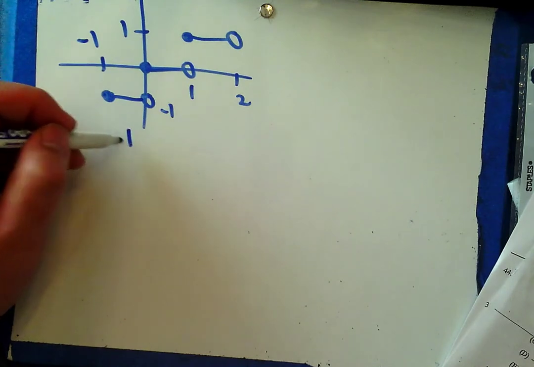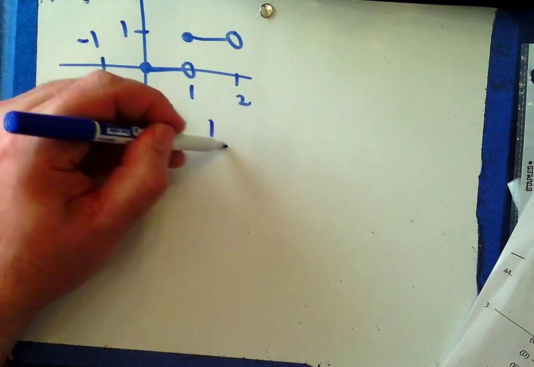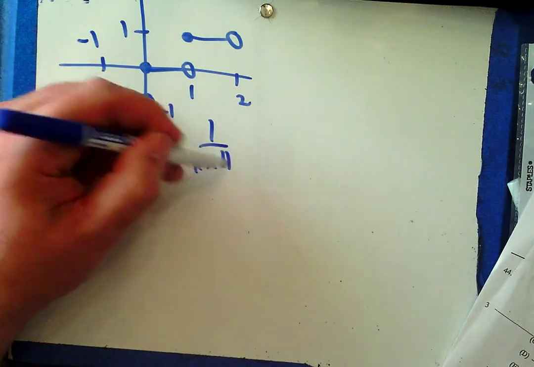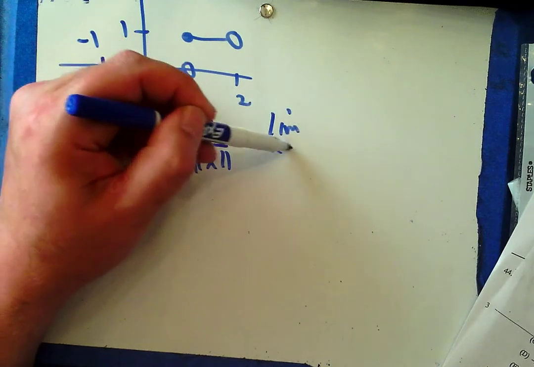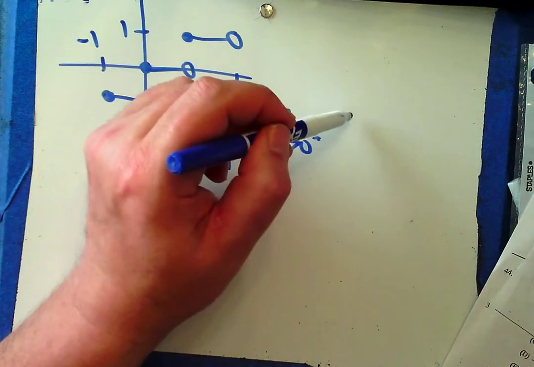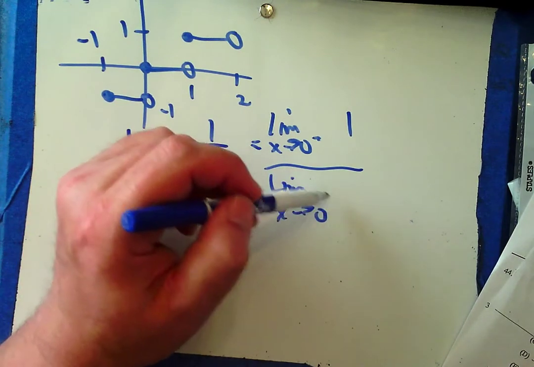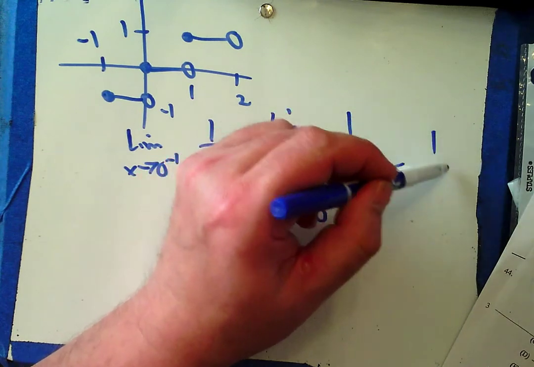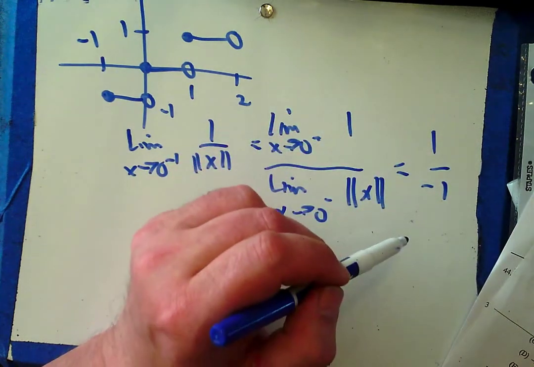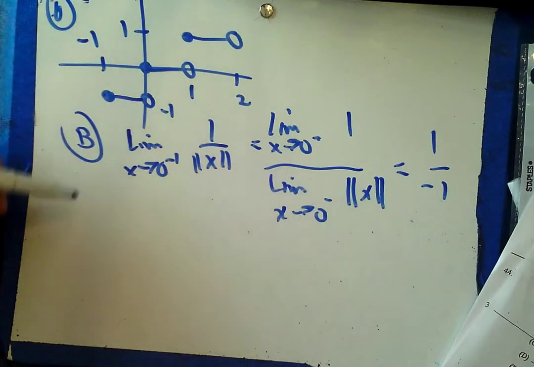And so I'm looking at the limit as x approaches 0 from the negative of 1 over int x. And that's the same as 1 over the limit as x approaches 0 from the negative of int x, which is 1 over -1 or -1, and that's choice B for number 6. 7.